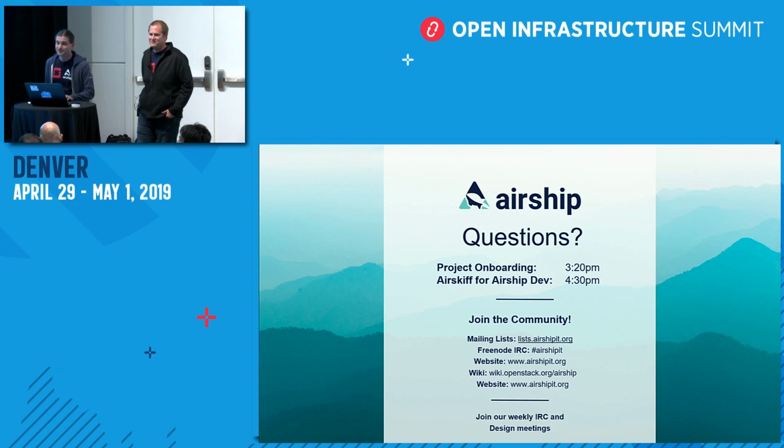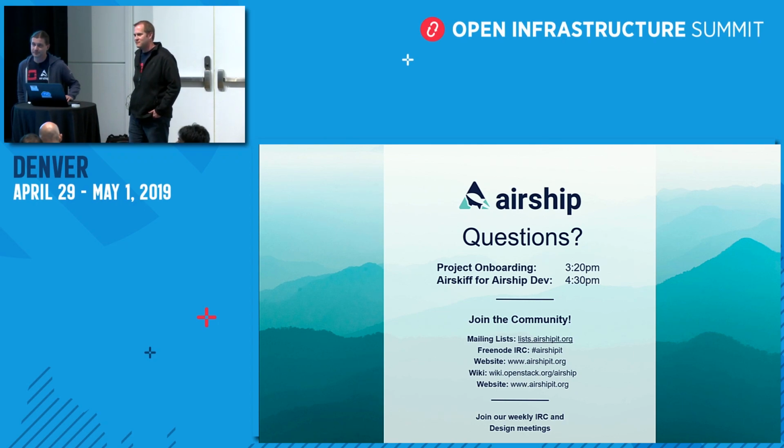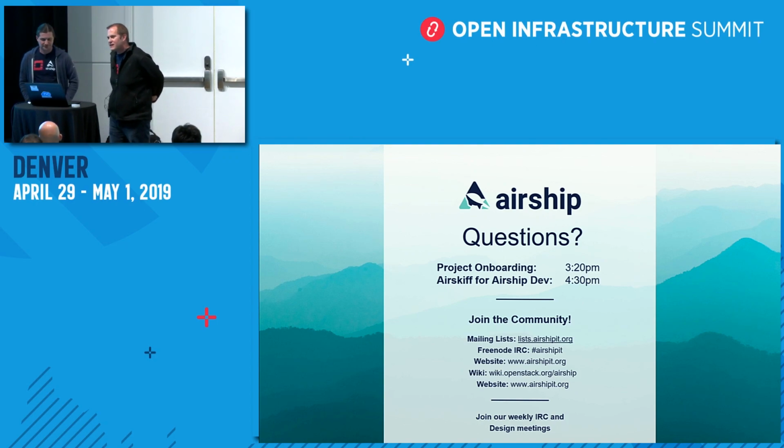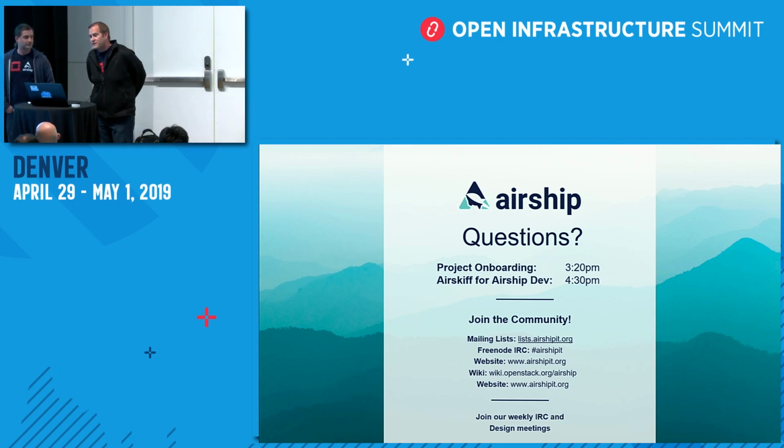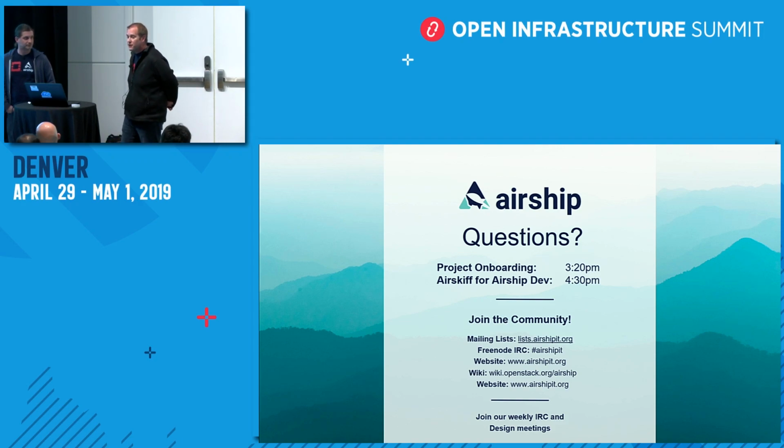Any other questions? Yes? Well, when you say flexible CI/CD, what do you mean by that? So we have examples of third-party gates today on the treasure map repo right now.